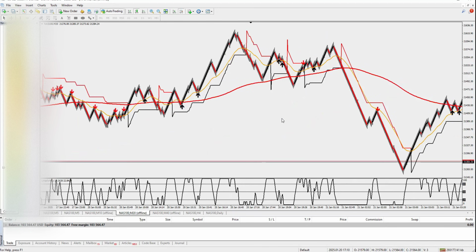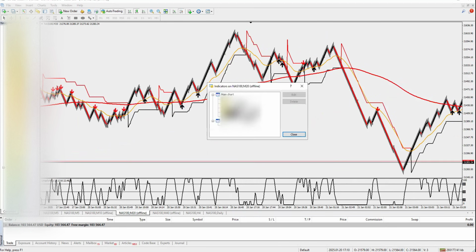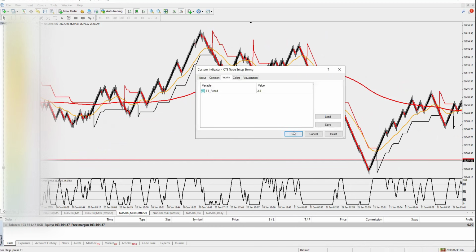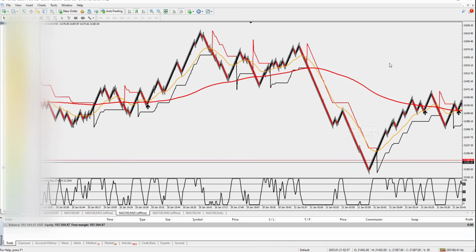Now, the other system I have gives much fewer trades, but it gives more solid trades. So what do I mean by that? Let me put the indicator on the chart that's going to just draw out that one. Okay.